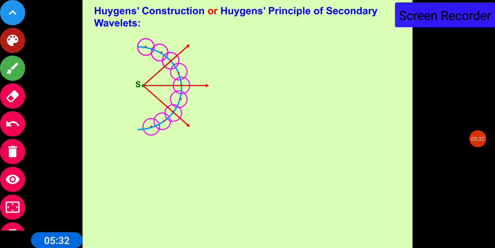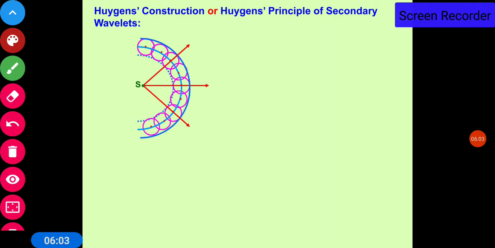Now, according to Huygens, each and every point on the wavefront will behave as a fresh source. So from all these points, the secondary wavelets or secondary wavefront will start moving, and all the points on this wavefront will behave as a fresh source from where the rays will start and move in all directions.